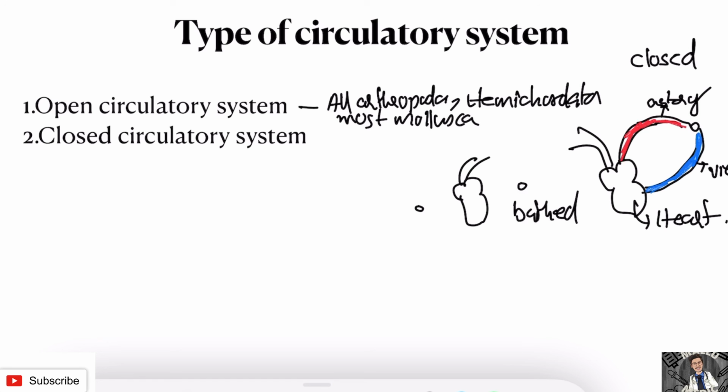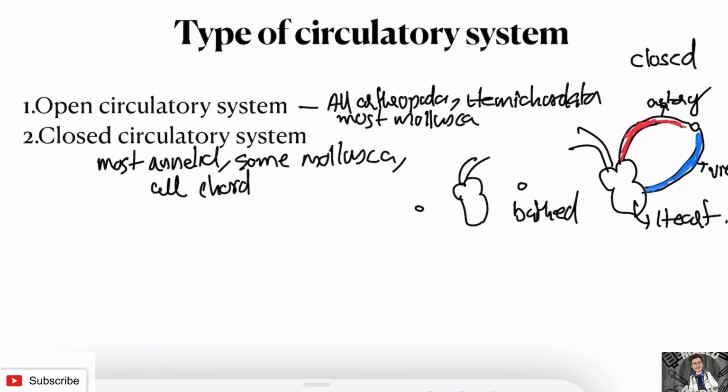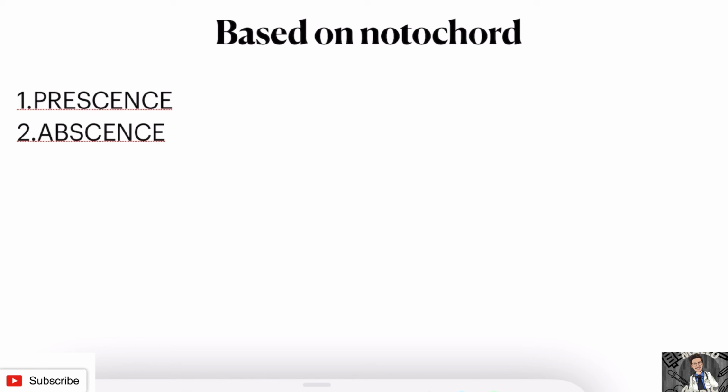Now the closed circulatory system: almost all Annelida, then some Mollusca, and almost all Chordata. So that's the classification based on the type of circulatory system.